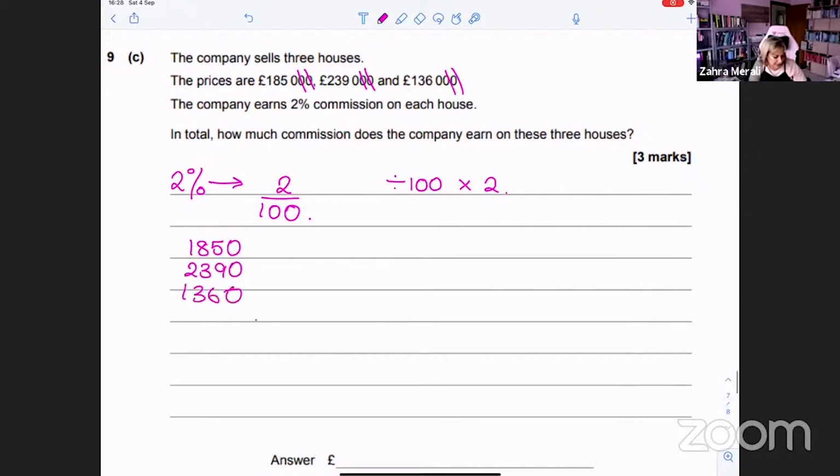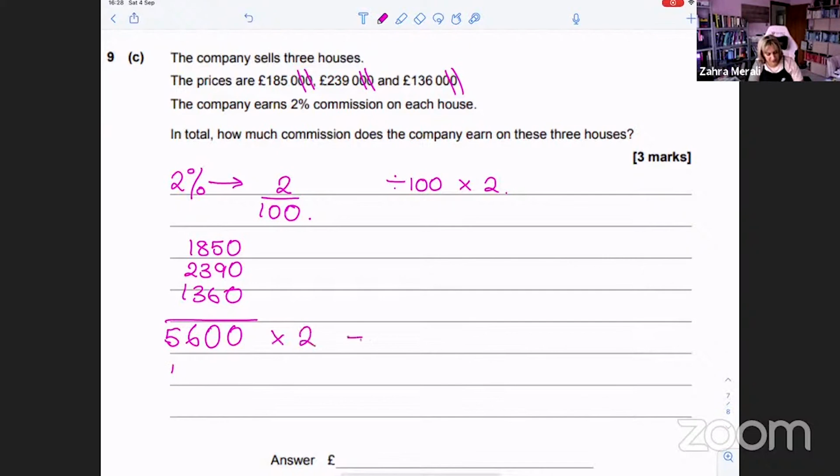And then whatever the answer is, we can then double it. So we've got 1850 plus 2390 plus 1360, which gives us 5,600.